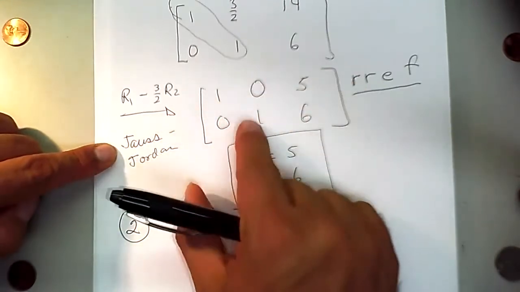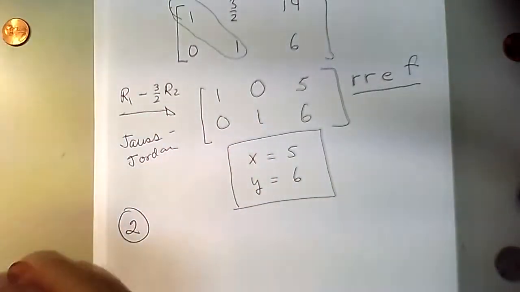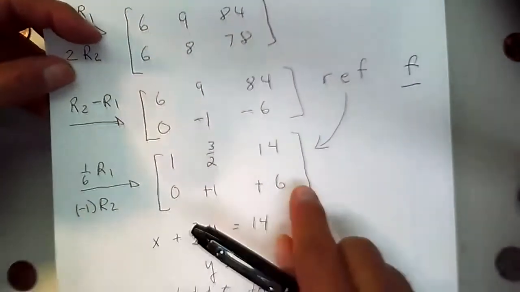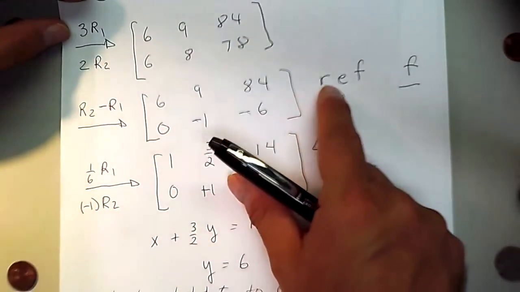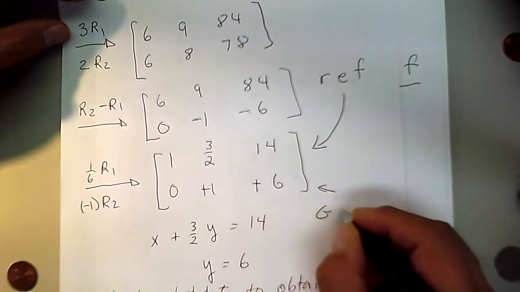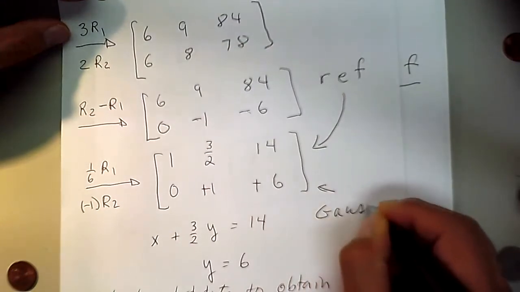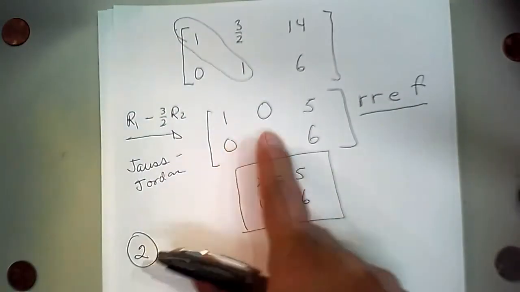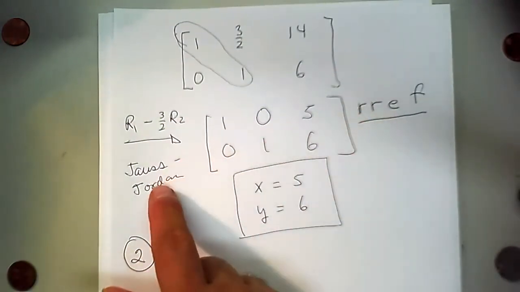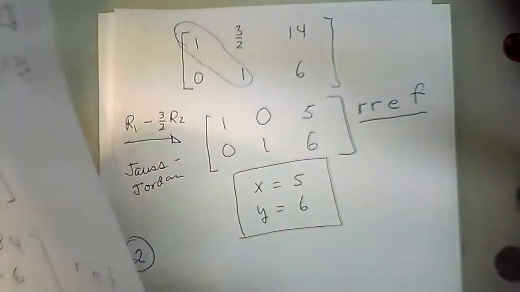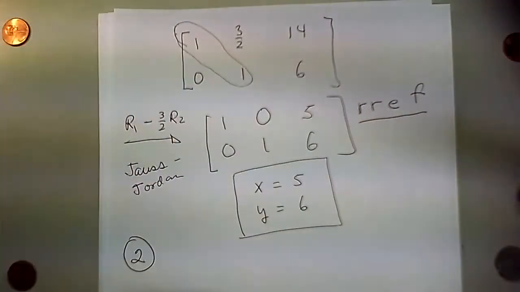Up to the point when we got to the row echelon form, it is called just the Gauss elimination or Gauss method. If we get all the way down to a row reduced echelon form, then we have the Gauss-Jordan method. Okay, so second example.